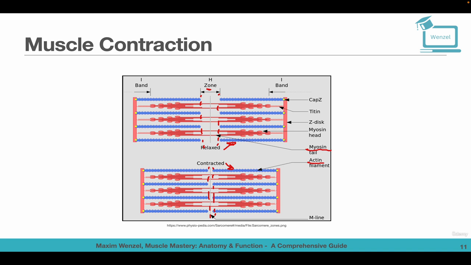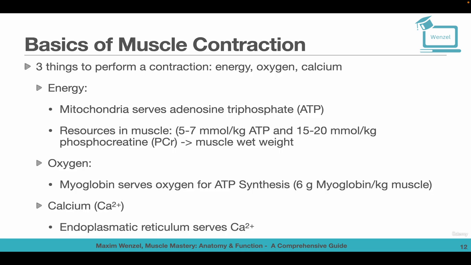And in the next part, I want to tell you how a contraction really works and what you need for a contraction. So the basics of muscle contraction is you need three things to perform a contraction. Of course, you will need energy and you will need calcium. Many people don't think about calcium, but it's so important to have calcium to perform contraction.